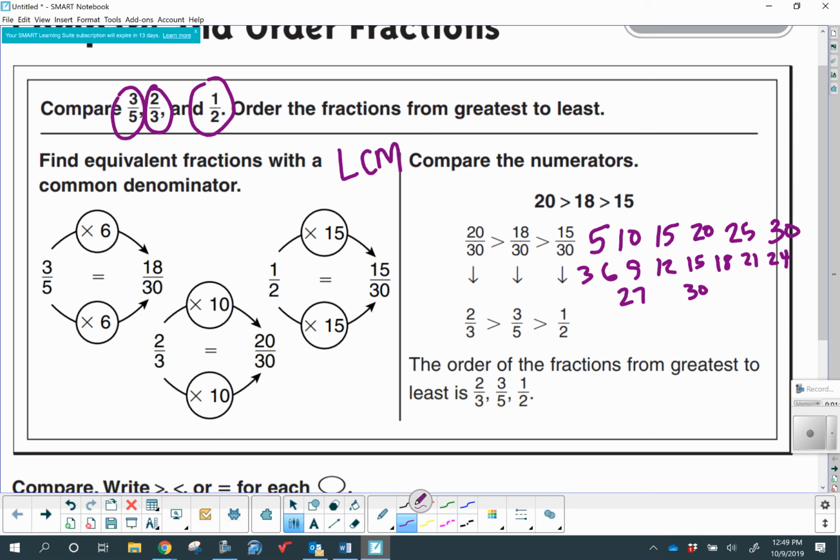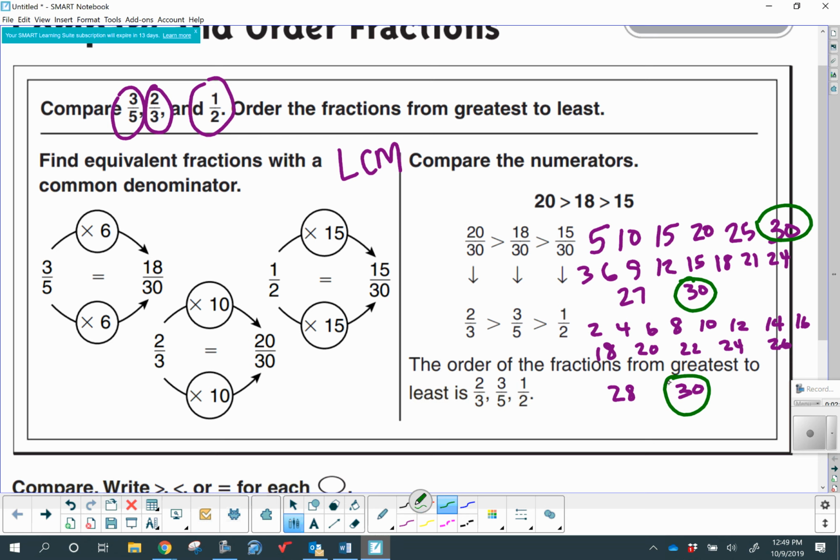So simply counting by twos. 2, 4, 6, 8, 10, 12, 14, 16, 18, 20, 22, 24, 26, 28, and 30. You will notice that the least common multiple between 5, 3, and 2 is 30. They all share that common multiple.